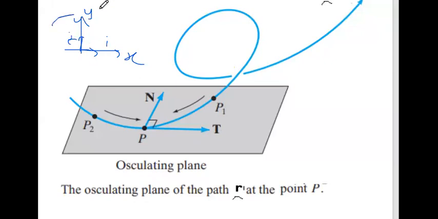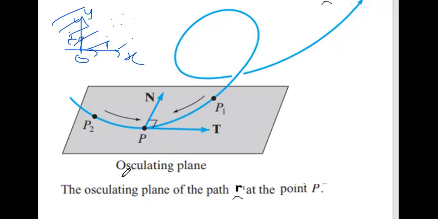Then you have this infinite plane, the plane of Oxy. This is the plane of T and N. Using these two vectors, you can write any point on the plane.